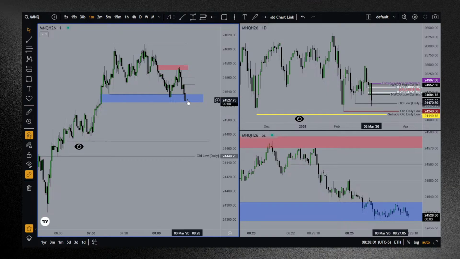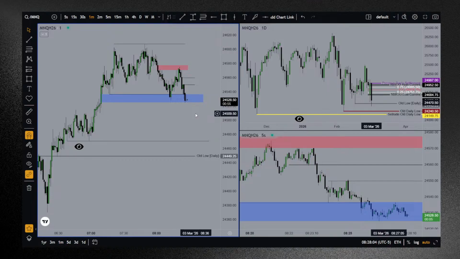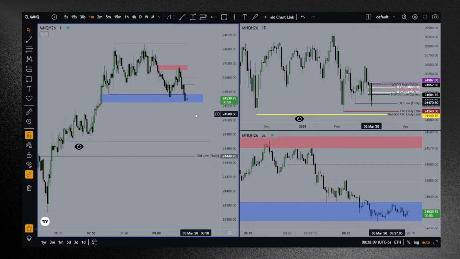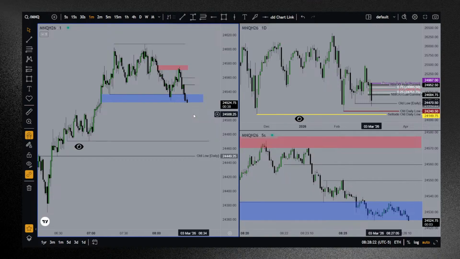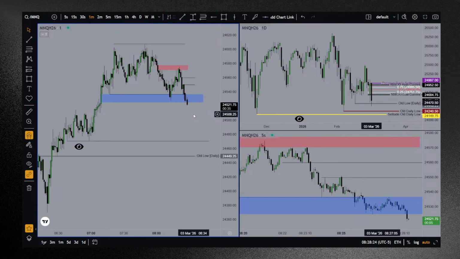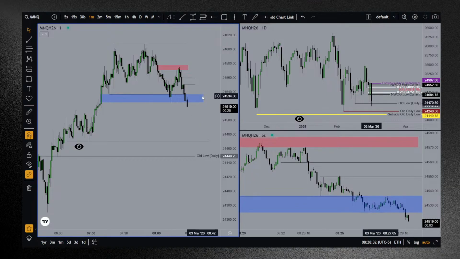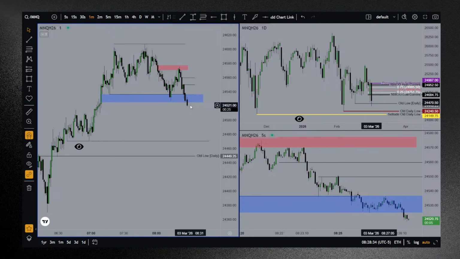Yeah, that would be ideal, to now see it trade outside of it. All right, so far so good, I would say.